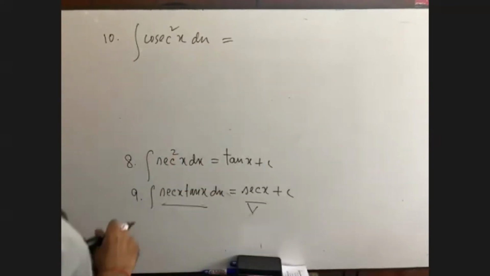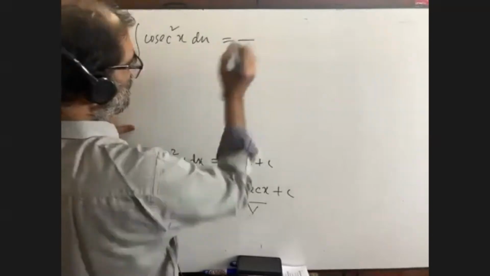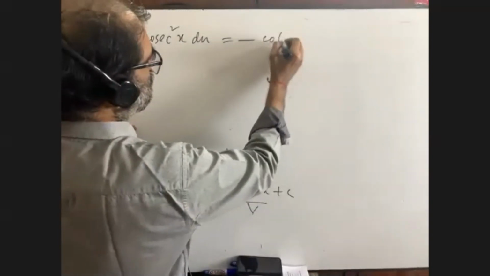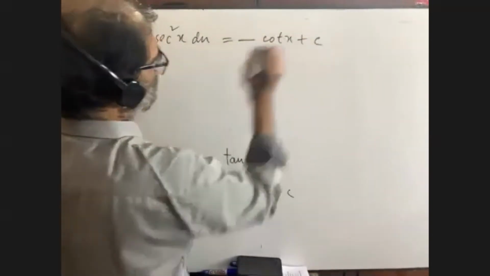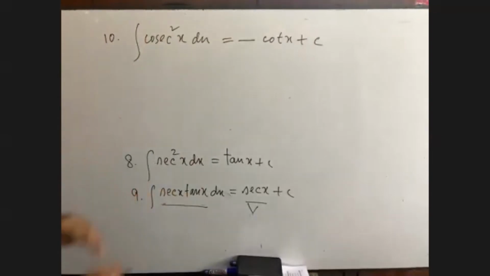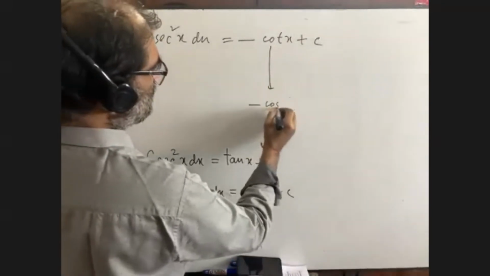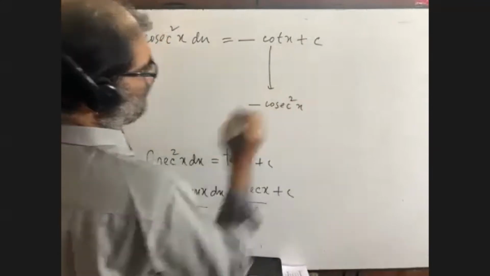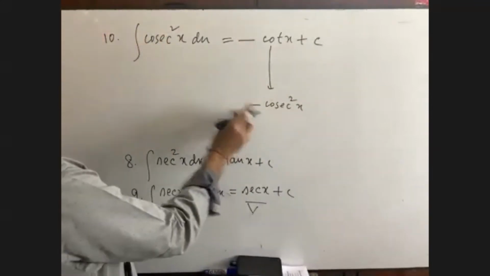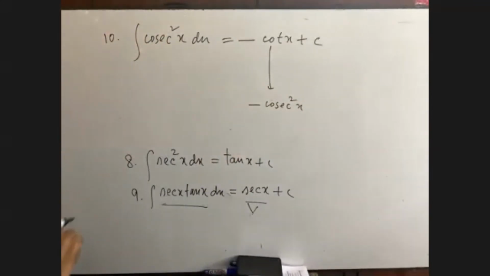So there is a negative minus sign, cot x plus c. Talk to me, all of you. Because we know the differentiation of cot x is minus cosec square x, right? And this minus will be plus. I think you have got it.